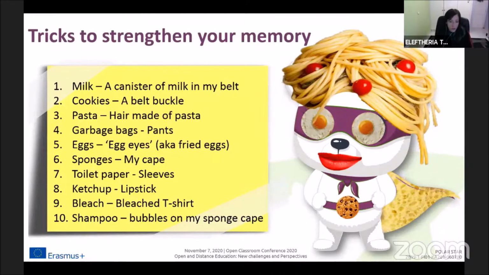So every time I go to the supermarket, essentially this is what I do. I do this kind of activity, and then I go over myself. I'm looking at the stuff that I have on me, and then when I go to the supermarket, I start buying the stuff that I imagine that I have on me. So this is a very simple example of how this technique is used.